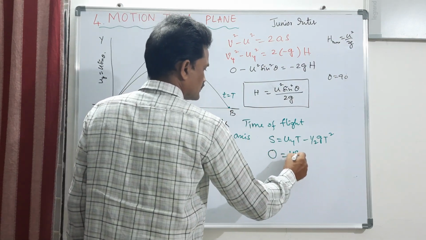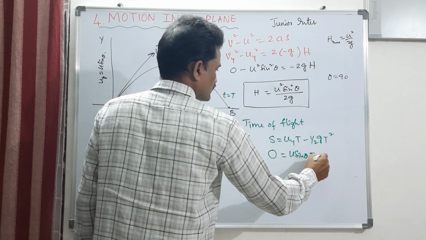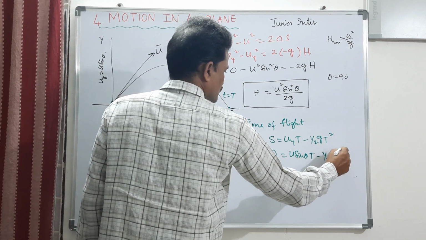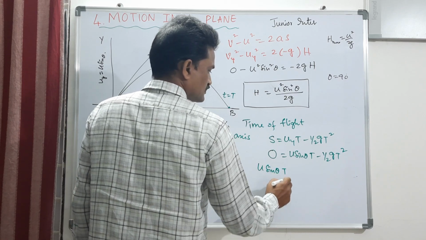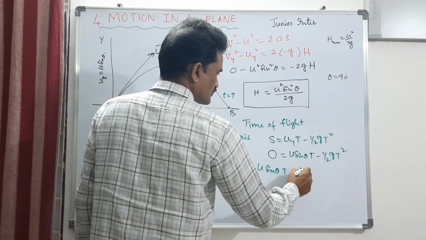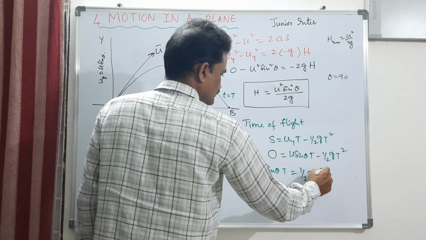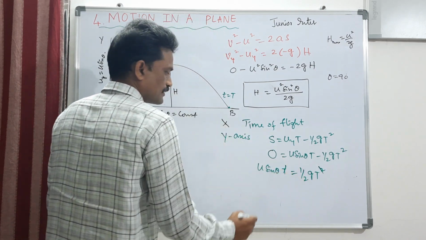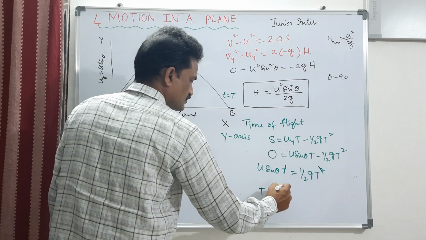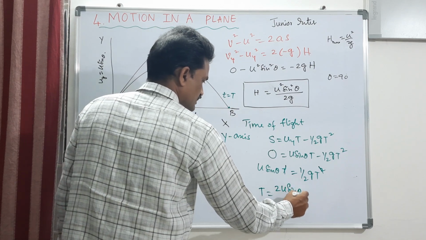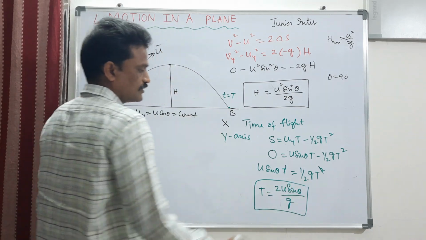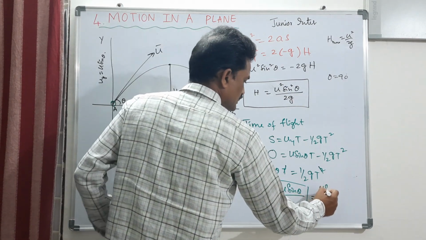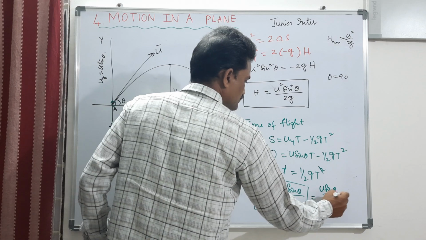This is u sin θ T − ½gT². So you can write it as u sin θ times T = ½gT². One T gets cancelled. You will get T = 2u sin θ by g. This is the second important equation. This can be written as u sin θ by g plus u sin θ by g.